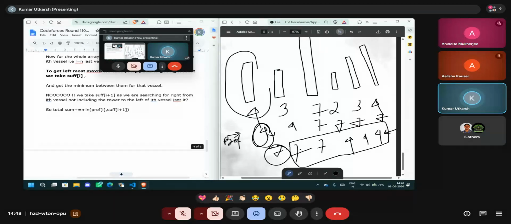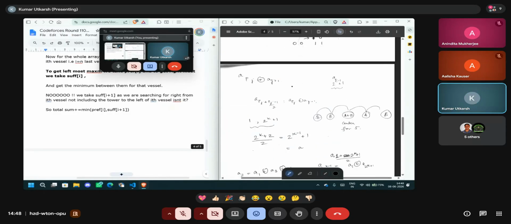Between 4 and 7, 4 is the left maximum and 7 is the right maximum. So what is the minimum between 4 and 7? It's 4, right? And for these two, it's again 4. For these two, it's again 4. So yeah, we can already see how we can get our answer.